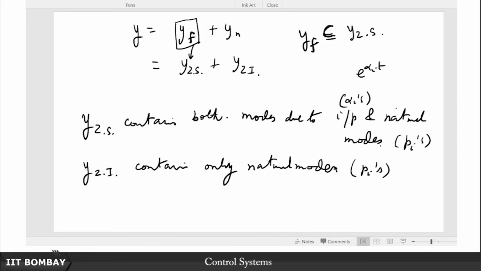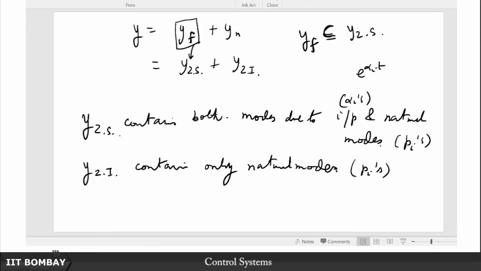The remaining terms in YZS which come from the natural modes, that is e to the PITs, and the ZI, the zero input terms which are only the e to the power PITs, those sum together, they will give you your Y natural.